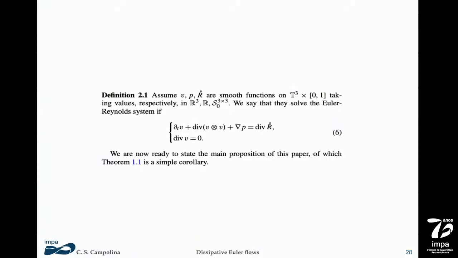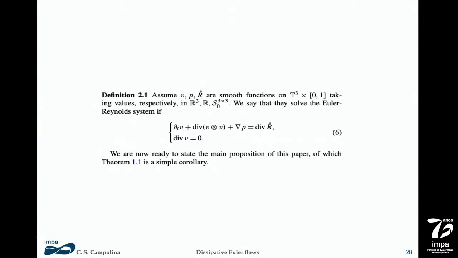Using Beltrami flows. The approximate equation will be this one: the Euler equations perturbed by this force, put in this form, the divergence of a tensor. And they put it in this form because this tensor has a physical meaning.